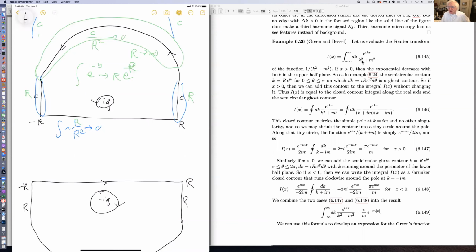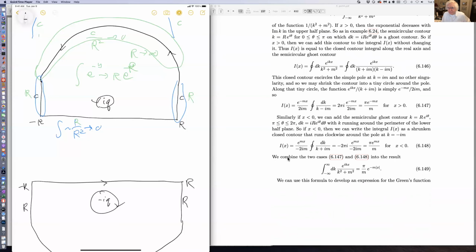So we're doing the Fourier transform of 1 over k squared plus m squared. And first we factor the denominator and we get this. And then, so let's see, we have to decide what x is. If x is positive, then we add a contour in the upper half plane.